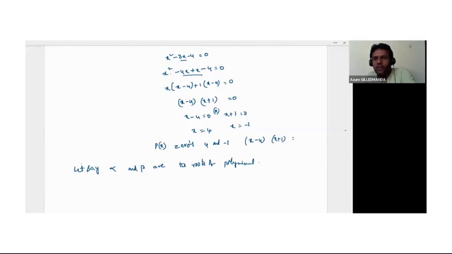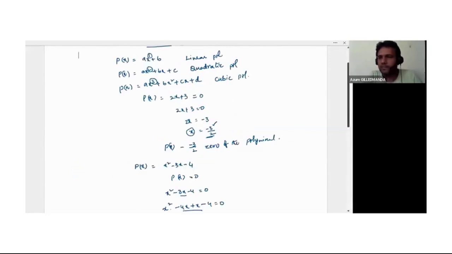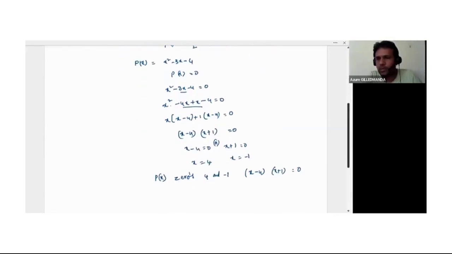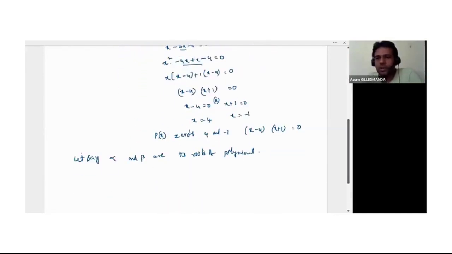Now just multiply those: x minus 4 into x plus 1. So x into x is x square, x into plus 1 is plus x, and minus 4 into x is minus 4x, and minus 4 into plus 1 is minus 4. If I solve this, x square minus 3x minus 4.